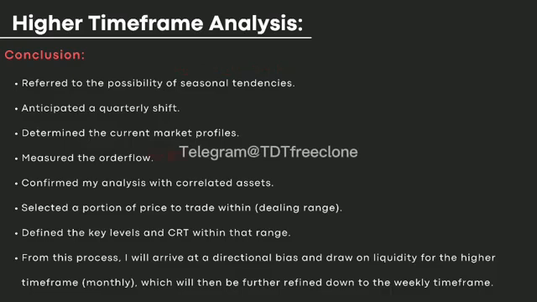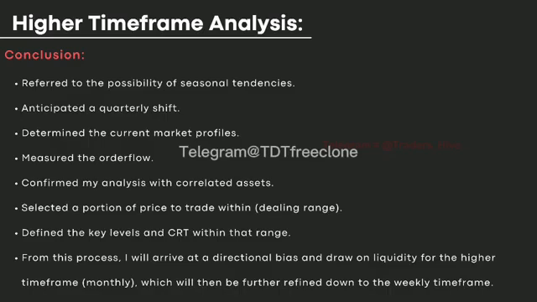Next, you're going to measure the order flow. You will observe how price is interacting with highs and lows, and use that information to measure the directional bias. Then, to validate your analysis, you would confirm it with correlated assets by checking symmetry and discrepancies between related markets, which will reinforce your perspective.